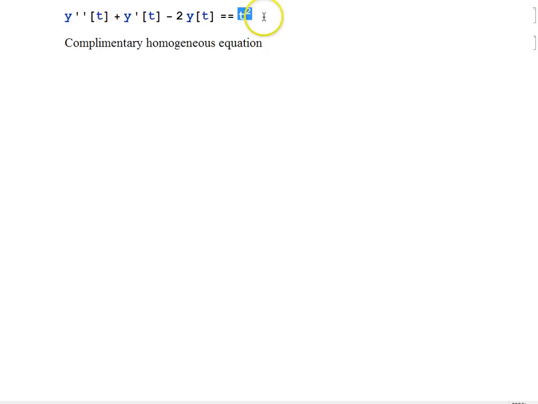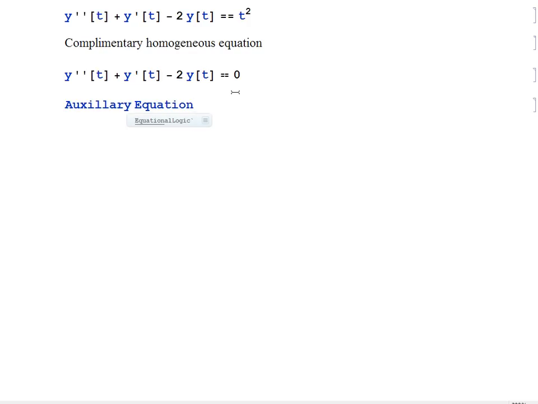Which is what? It's the same equation with a 0 there. Now how do we do that? Well, we get the roots of the characteristic equation, or what they call the auxiliary equation, which is r squared plus r minus 2.